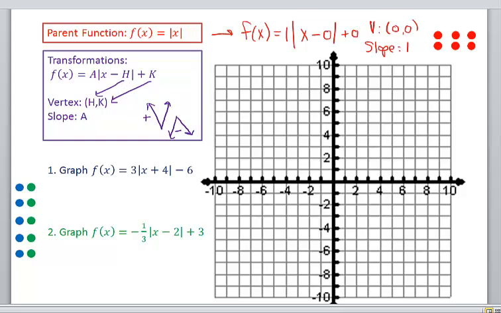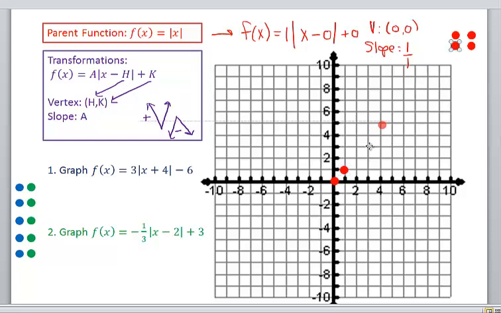So I'm going to go to this location, which is the origin. I'm going to put my first point there. And from there, I'm going to go ahead and rise up 1 and over 1. So a slope of 1 is the same as 1 over 1. So I'm going to take each of these points, and from this center, I'm going to go up 1 and to the right 1.